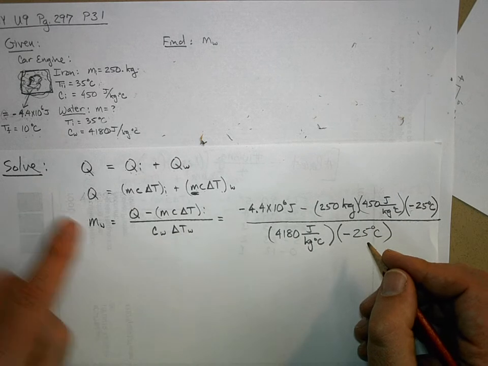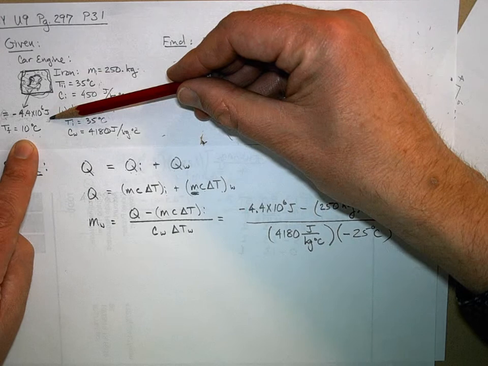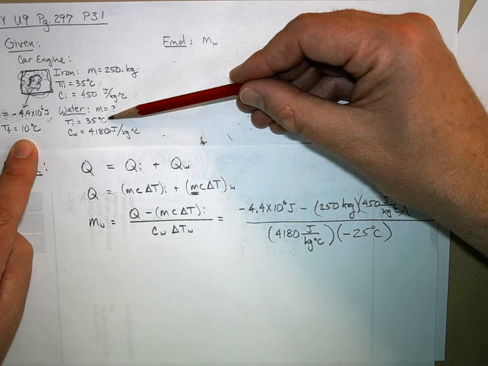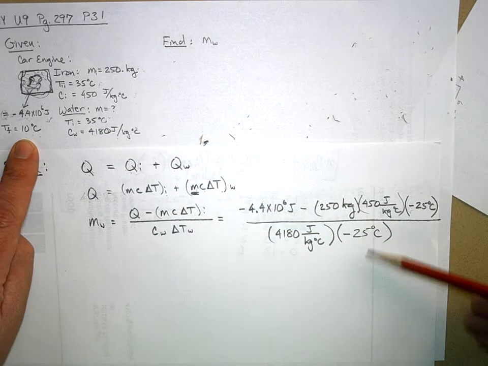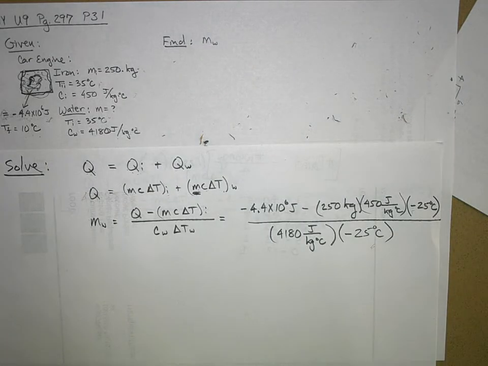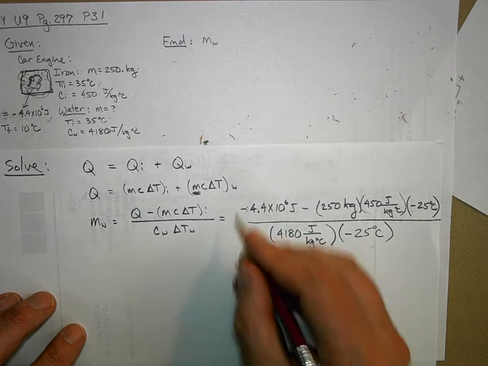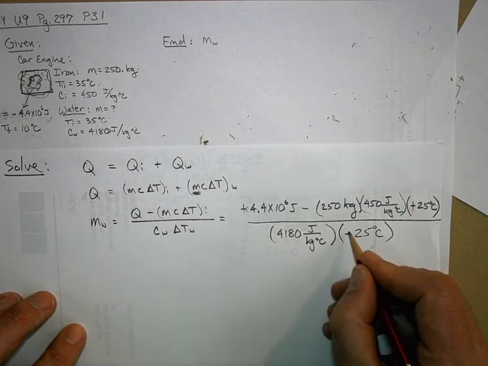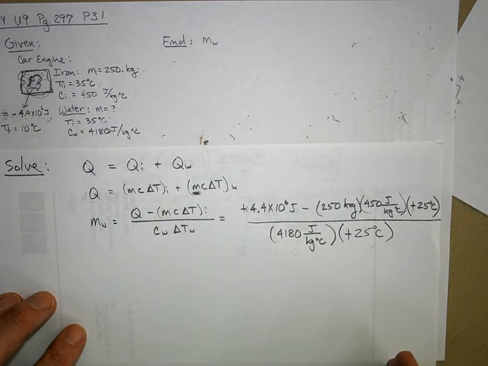The final temperature of the water is 10 degrees. The initial temperature was 35 degrees. So final minus initial, 10 minus 35, is negative 25 degrees Celsius. Now I've got a negative in every term here. So I'm going to cancel it out, just like multiplying top and bottom by negative 1.